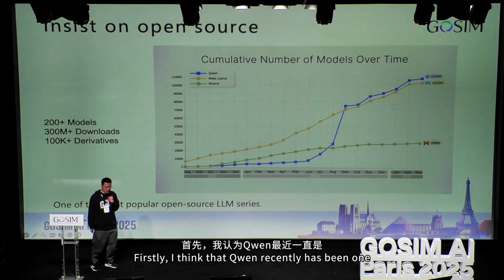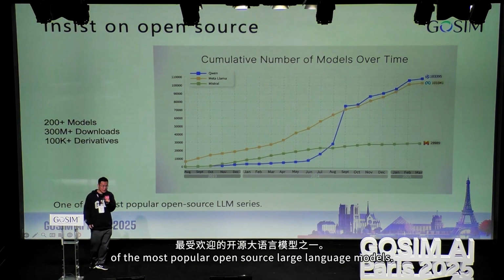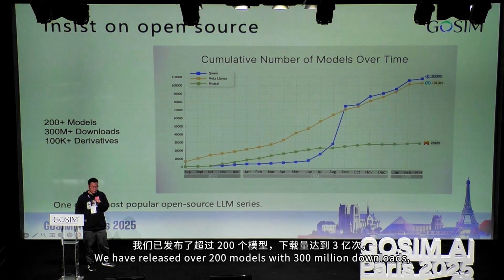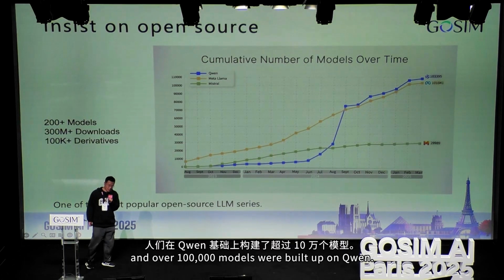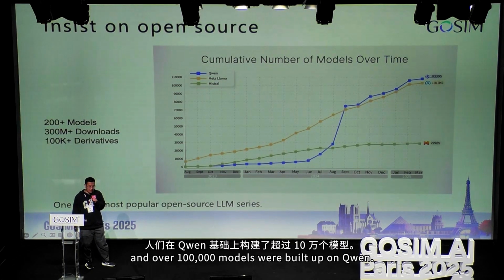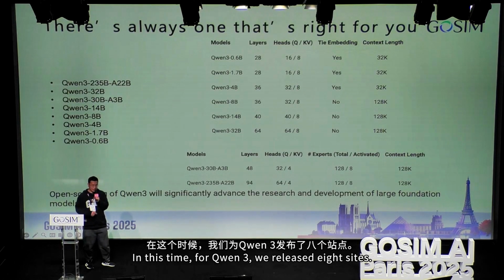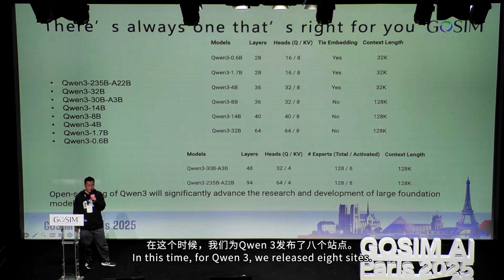Firstly, Qwen has recently become one of the most popular open source large language models. We have released over 200 models with 300 million downloads, and over 100,000 models have been built on Qwen. This time, for Qwen 3, we released 8 sizes.